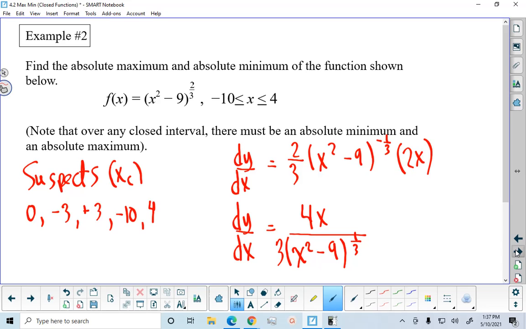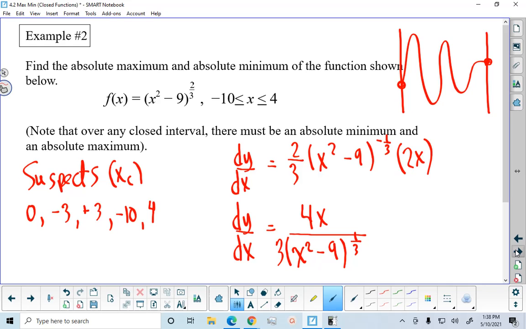Now, I need to talk about something which for some reason I skipped over, and it's in your notes. If I have an interval that goes from one value of x to another value of x, and the function is continuous from that value of x to some other value of x, it doesn't matter what it does, there has to be an absolute maximum and there has to be an absolute minimum in there.